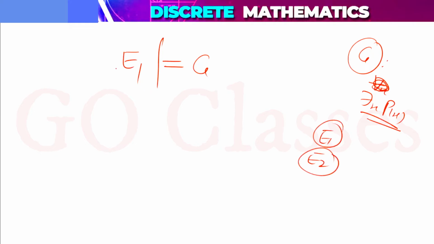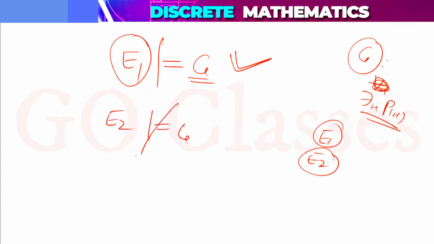I can say that E1 infers G. Yes, this is correct because in this environment G is true. I can say that E2 does not infer G because in this environment G is not true. So this is the symbol for inference. When this is the environment, then G is true. So this is the implication type of symbol.